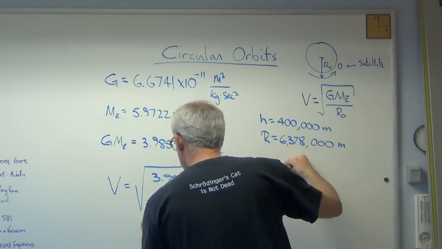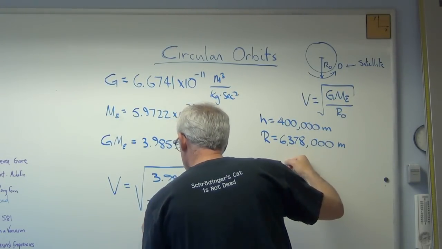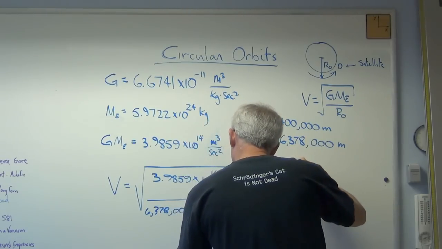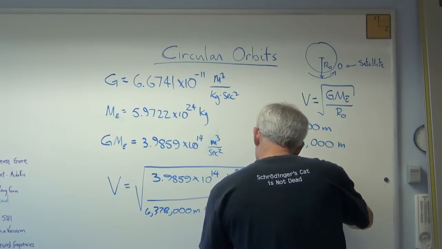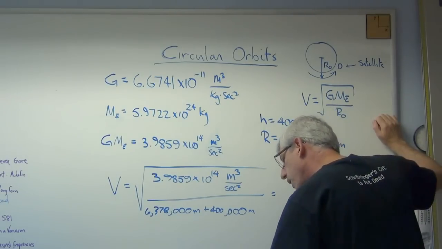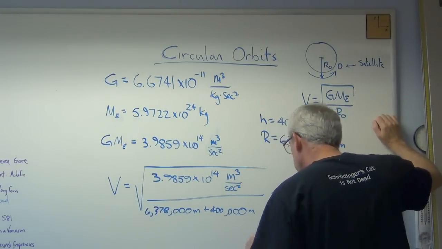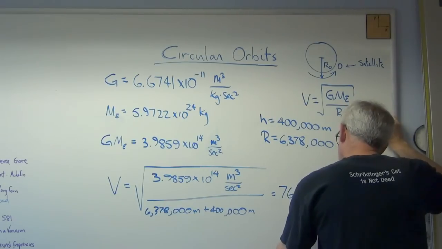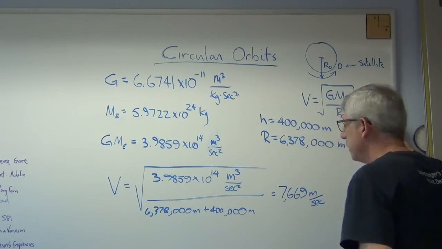So I need this to be 6378 plus 400. And if you do that, we'll get out of your way here so you can see this. 7669. 7669 meters per second. Okay?